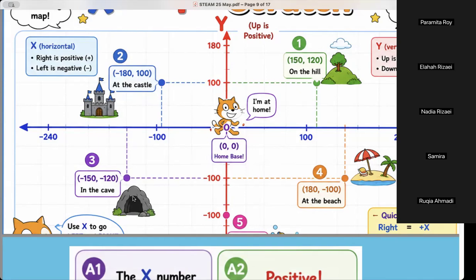Okay, now we will talk about the castle. Where the castle is, anything going up is positive. Therefore, the y is 100, positive, no minus sign. Unfortunately, or fortunately, the x is going left. Whenever it goes to the left, it becomes negative.